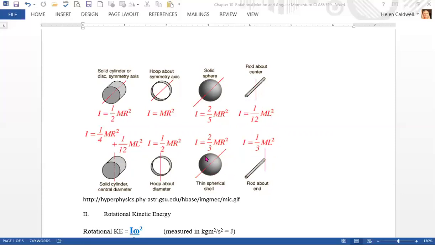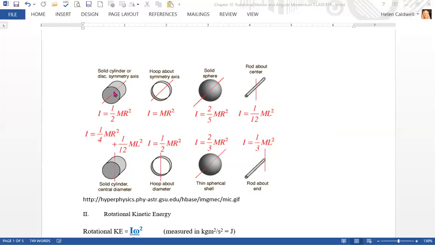Or the ball. A solid ball and a hollow ball have different moments of inertia. Or the hoop that's like the bicycle wheel or like a ring, depending on whether you're trying to spin it or allowing it to roll. When it rolls, the moment of inertia is mr squared, but when you try to spin it, it's mr squared divided by 2.